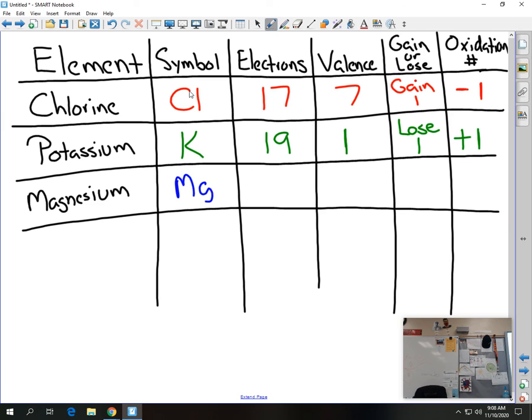Magnesium's Mg. Magnesium has 12 electrons. Magnesium is in group 2, which means it is 2A, which means it has 2 valence electrons. And so still, it's a lot easier to get rid of 2 than to gain 6. So it would like to lose these 2 electrons, which would make it positive by 2.